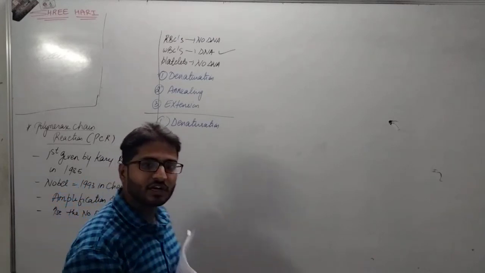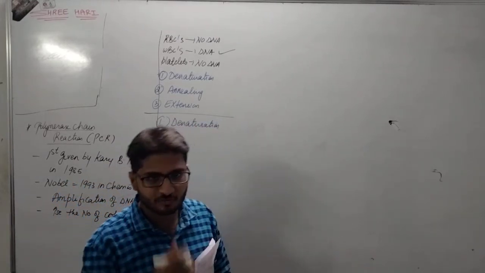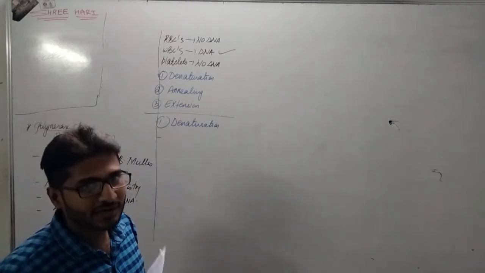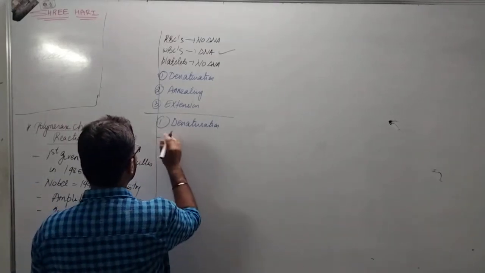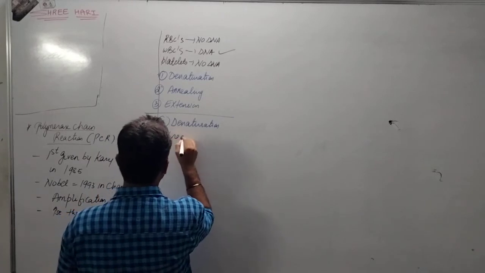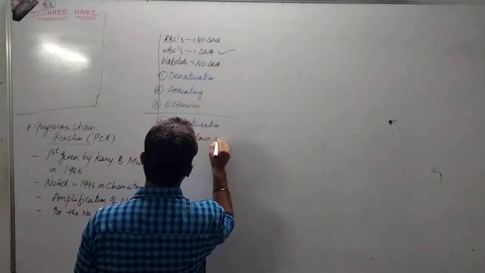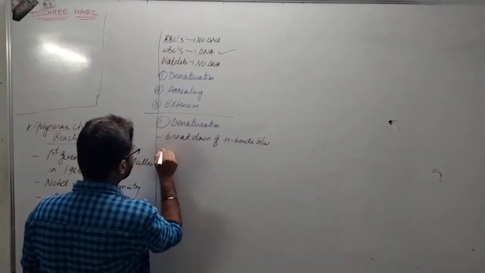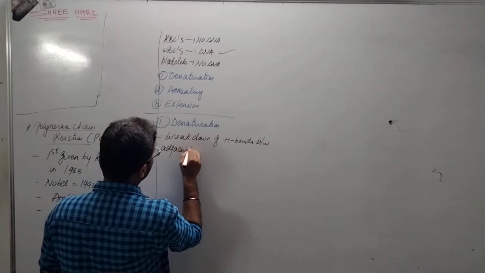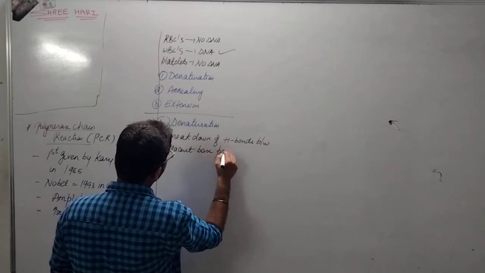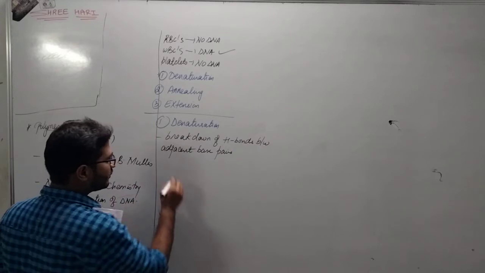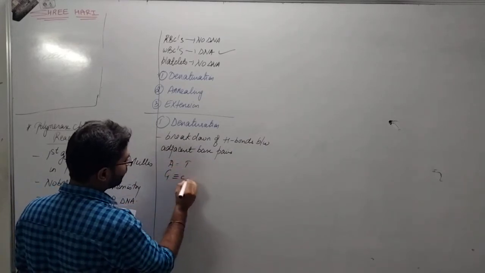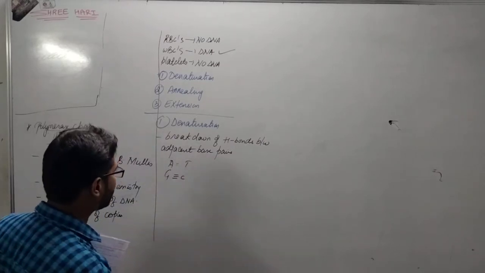Denaturation is basically the breakdown of the hydrogen bonds between the adjacent base pairs, converting the double-stranded DNA into single-stranded DNA. Right? We know adenine binds with thymine via 2 hydrogen bonds, guanine binds with cytosine via 3 hydrogen bonds. That we know.